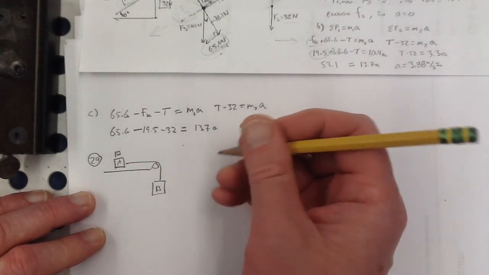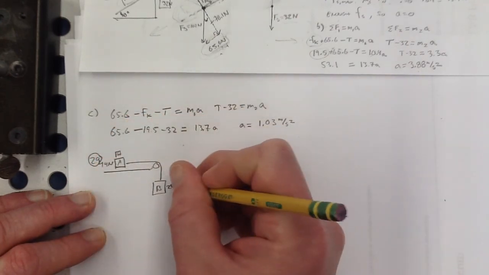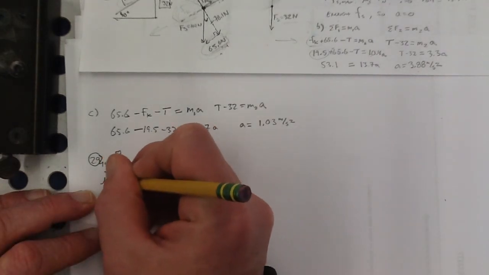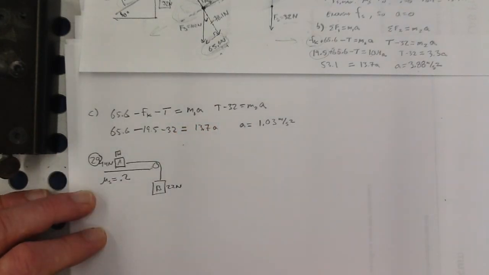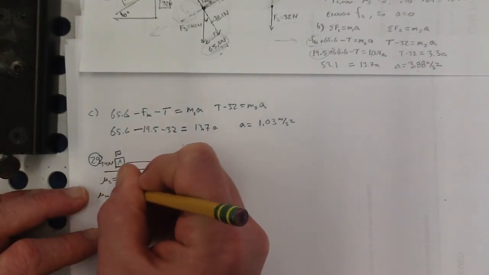And let's see, A and B, 44 newtons for A, 22 newtons for B, respectively. Determine the minimum weight of block C to keep A from sliding if the coefficient of static friction is 0.2. And then we're going to lift block C off. What's the acceleration of block A if mu k is 0.15?